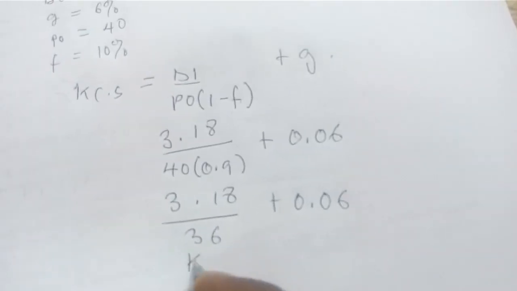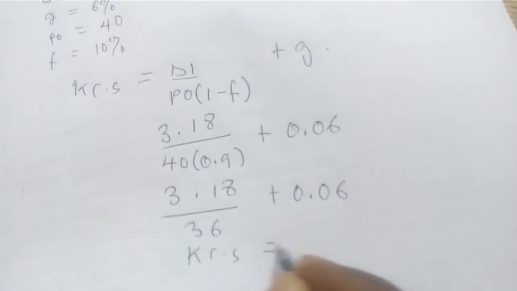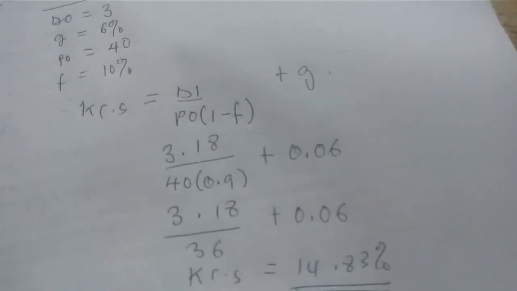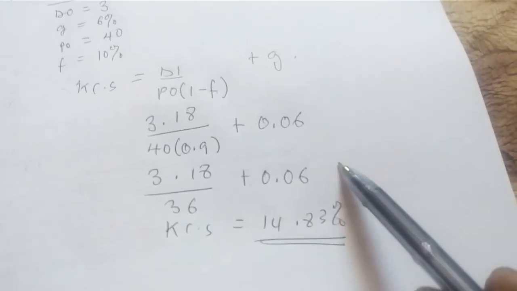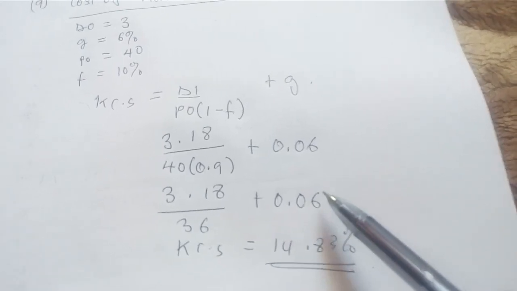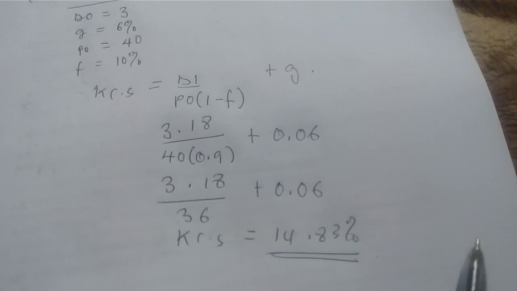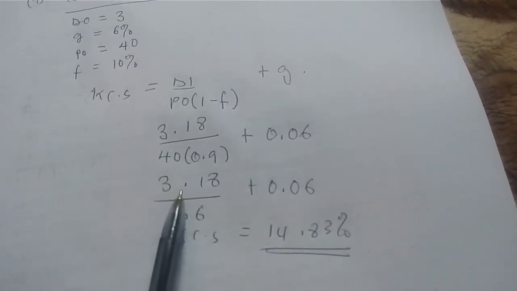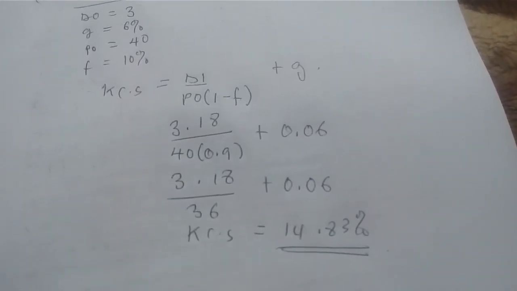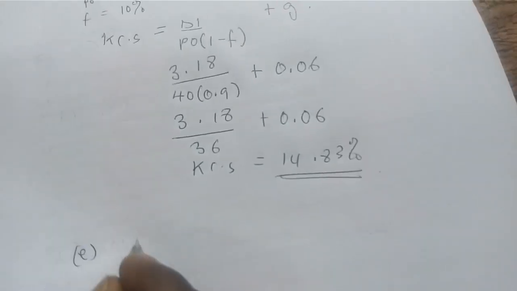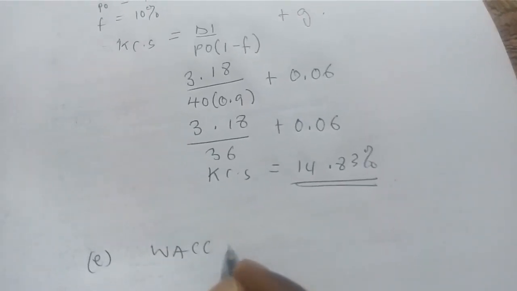So meaning the cost has gone up due to flotation cost, which is giving us 14.83%. So that being mentioned, we have calculated the cost of the individual sources of funding that are available in this question. Then the last part, which is part E, requires us to find the weighted average cost of capital.